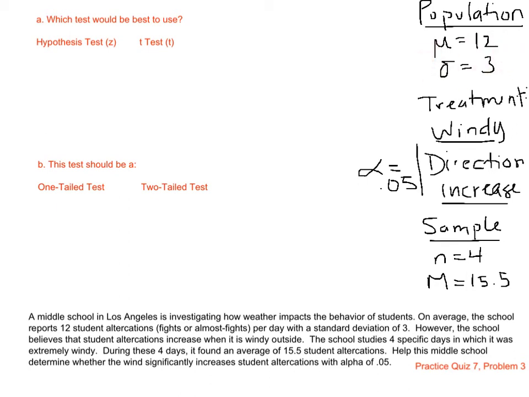And so for this reason, it is best to use a hypothesis test. As to question B, this test should be a 1-tail test or a 2-tail test. To identify the answer, we go to see if we identified a direction, and we did. It was to increase altercations, and so we know that this should be a 1-tail test.